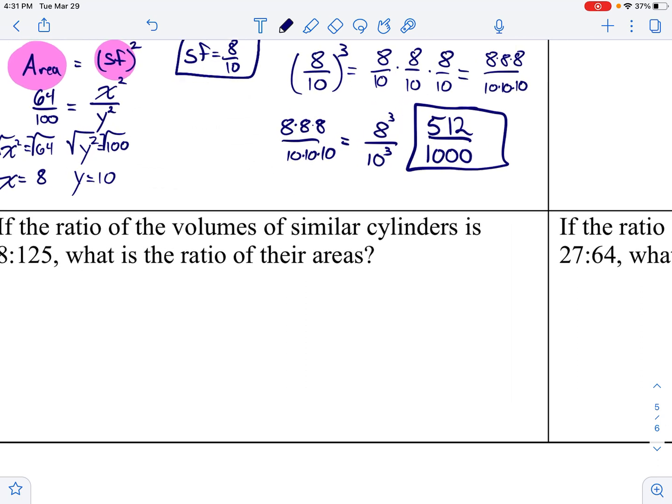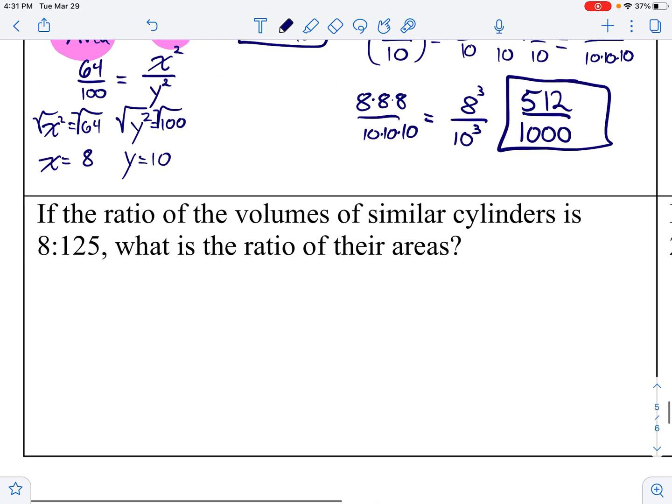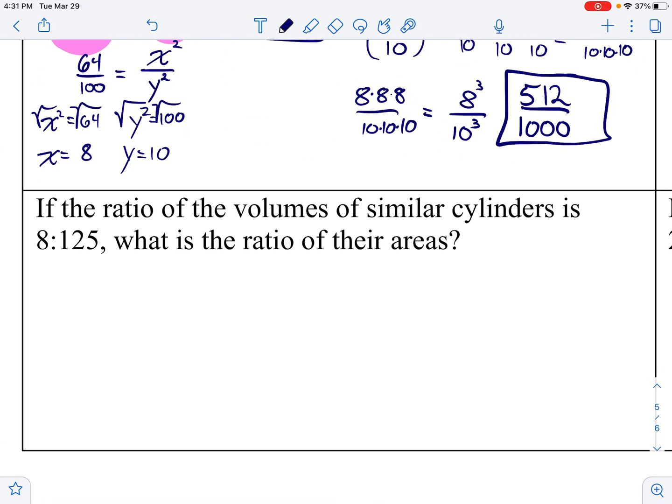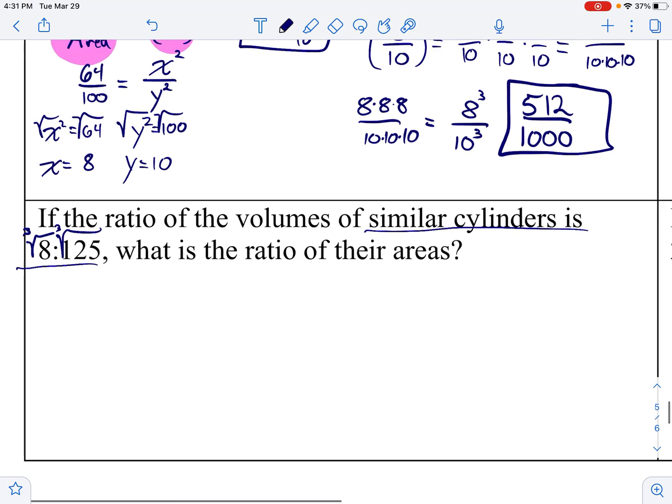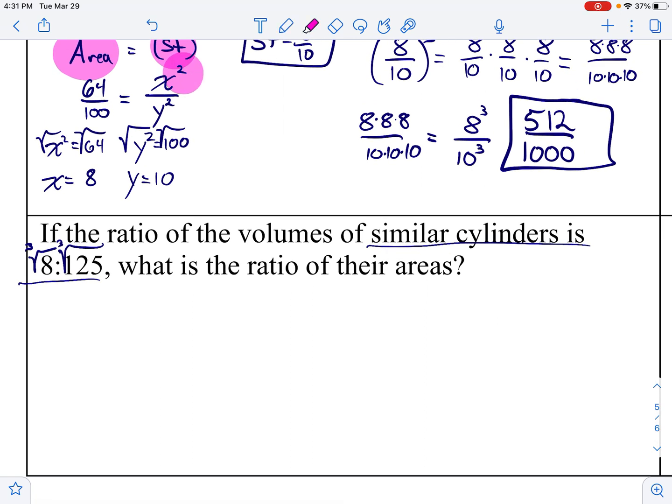All right. Last but certainly not least, if the ratio of the volumes of similar cylinders is 8 to 125, what is the ratio of their areas? So I want to take now not a square root, but a cube root, because I'm not squaring something like I did above, but I'm cubing it when I'm dealing with volume.